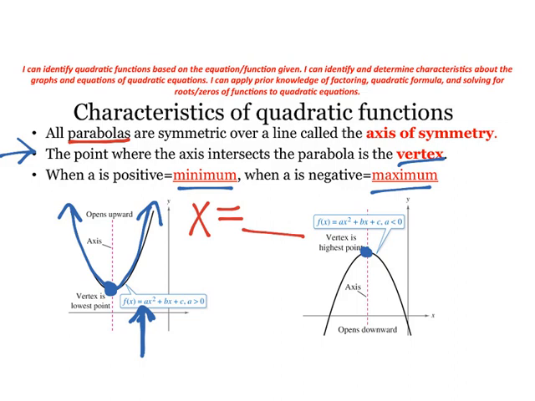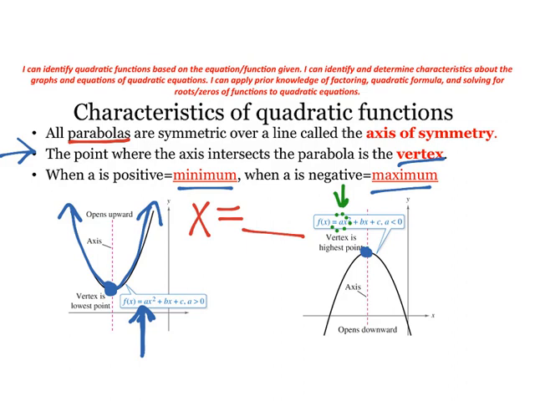On the flip side of that, literally, the reflected version of that, when your leading coefficient is less than 0, meaning your a term is a negative number, then your parabola is going to open down. We learned this last unit as well with transformations. If that leading coefficient is negative, then that means there is a vertical reflection.